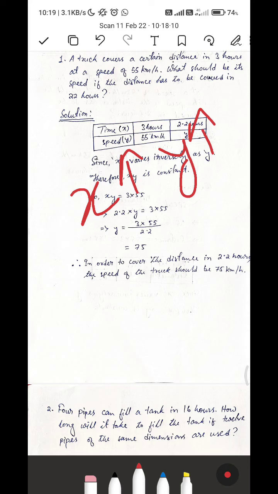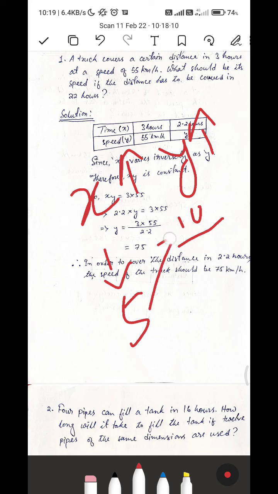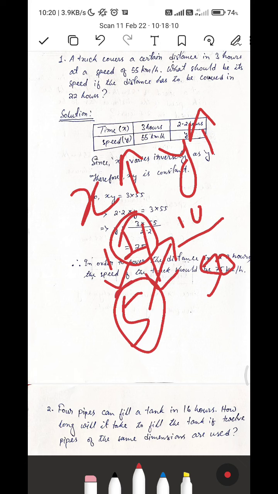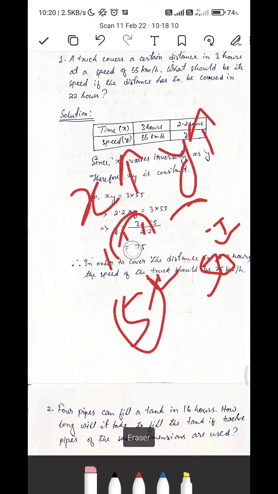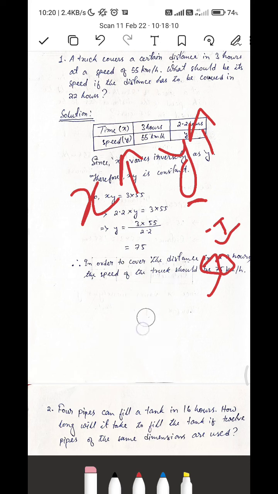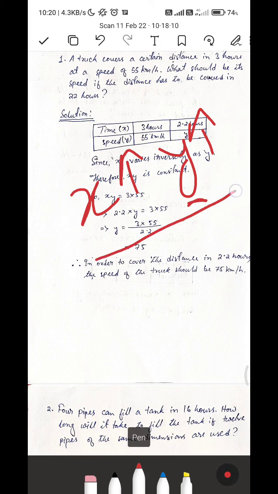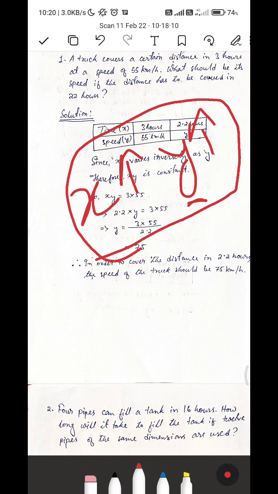Suppose the price of one pen is rupees 5, the price of 10 pens is going to be 5 into 10, that is 50. Can you observe that as the number of pens increased from 1 to 10, the price also increased from 5 to 50? So in this case we can see that the increase in one variable is also causing an increase in the other variable, right? These are the cases of direct proportion or direct variation.